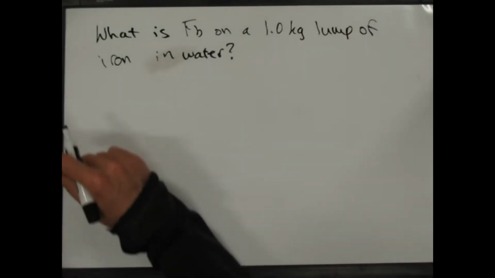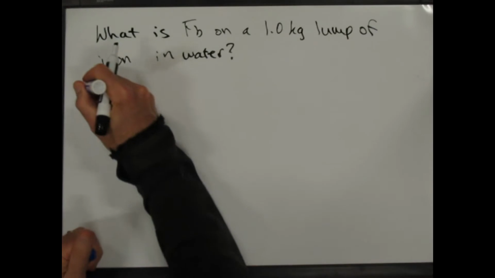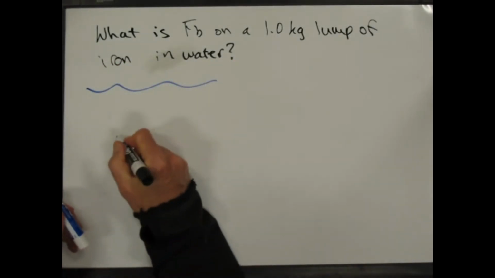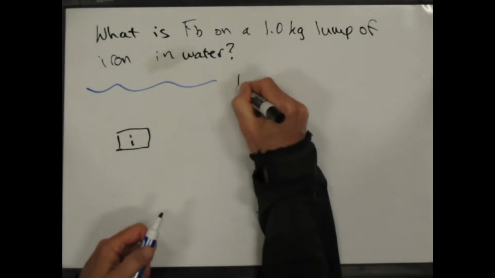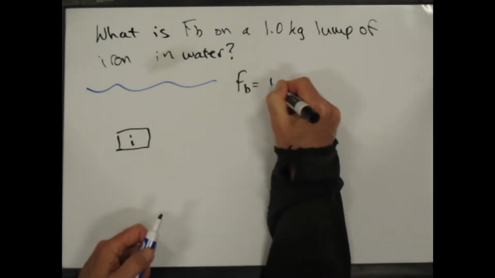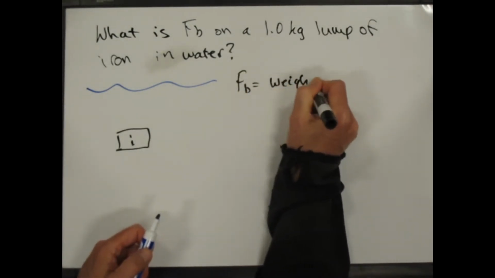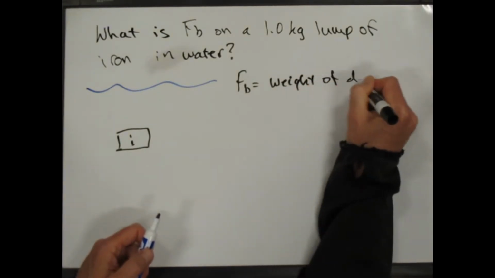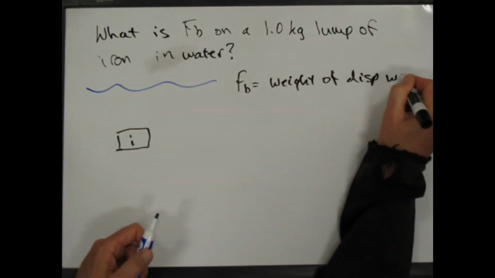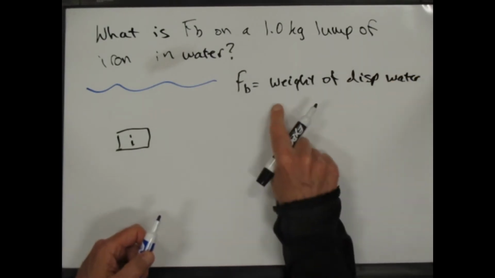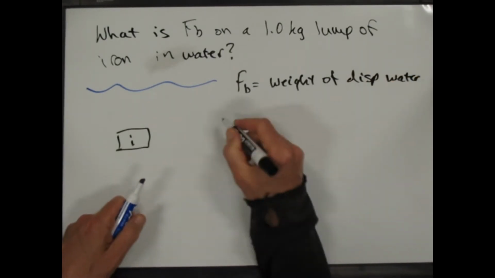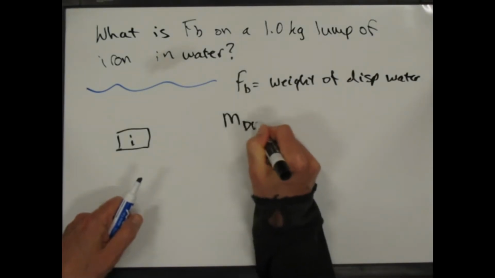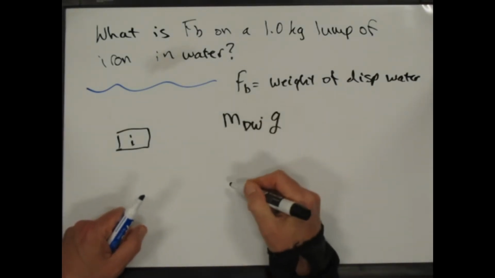Right, and so same story, right? Here's my lump of iron, and we say the buoyant force is equal to the weight of the displaced water. Well, what is the weight of the displaced water? Well, the weight of the displaced water is just the mass of the displaced water times gravity, right?